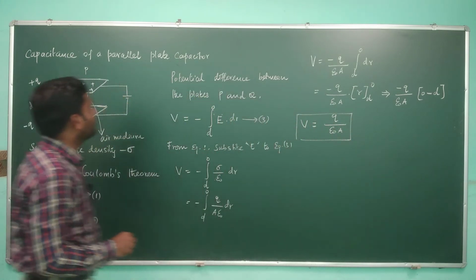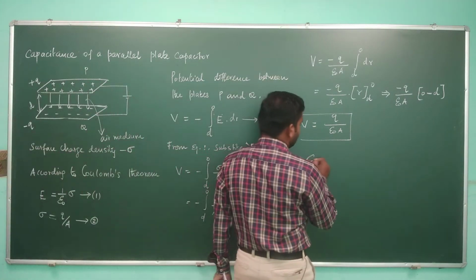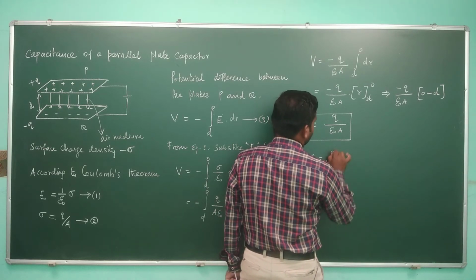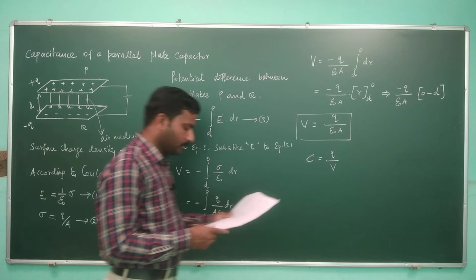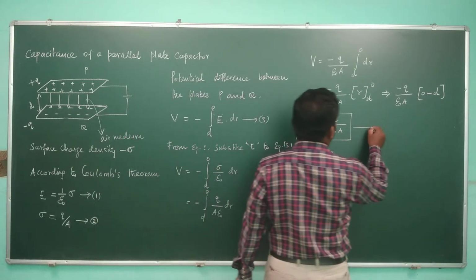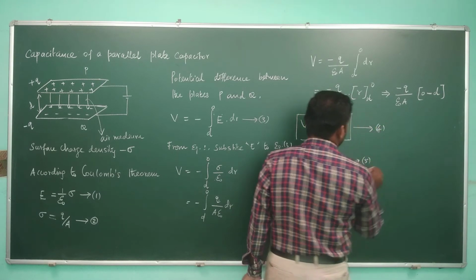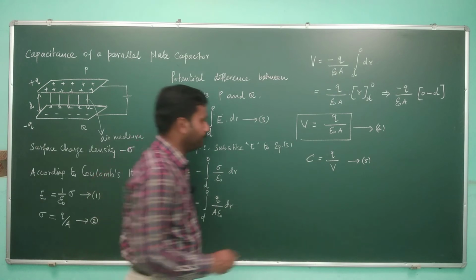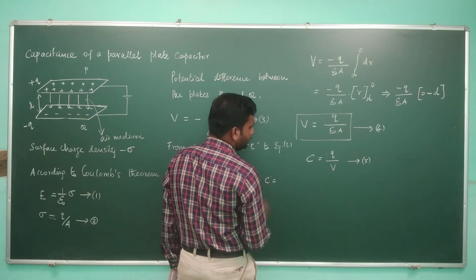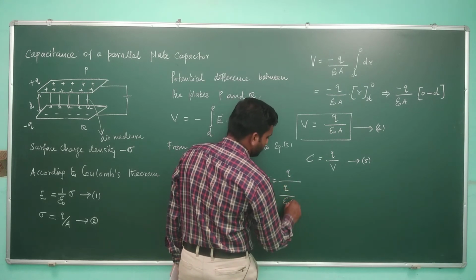But what we have to calculate is the capacitance C. The formula for capacitance is C equals Q by V. Here the charge we denote Q. In the place of V, we substitute equation 4 into equation 5.